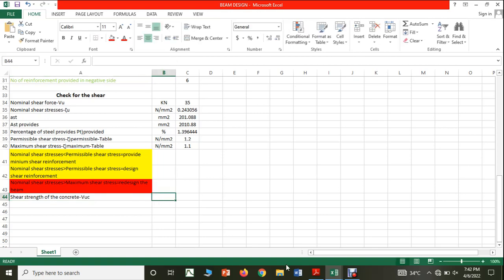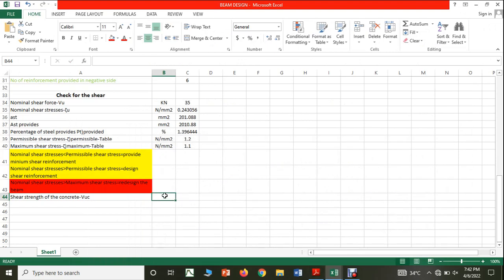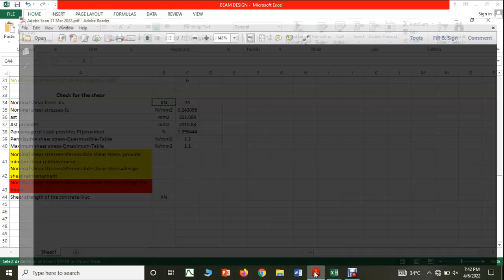Okay, so the shear strength of the concrete, given by VUC, will be in kilonewton, right? So how will you get the shear strength of the concrete?